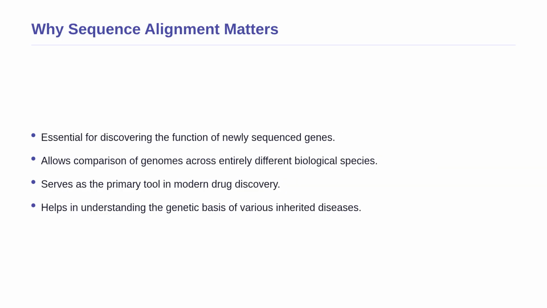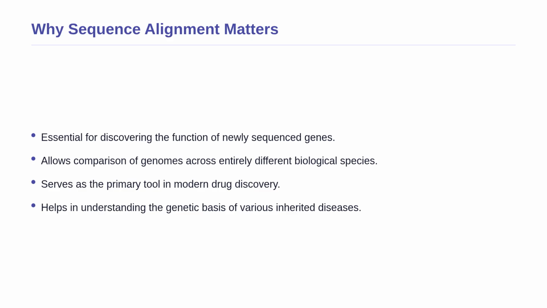This goal of maximizing matches leads us to an important question. Why does this matter in the real world? Imagine a scientist discovers a brand new gene in a fruit fly. Initially, they have absolutely no idea what it does. However, if they align this new sequence against a massive database of known human genes and find a perfect match, they can instantly predict that the fly gene has the same function as the human gene.